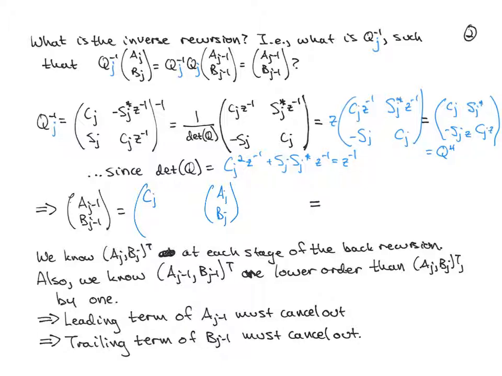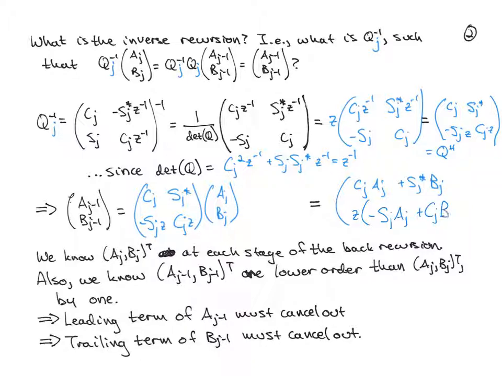C sub j, s sub j complex conjugate, minus s sub j times z, and then c sub j times z, which is equal to c sub j a sub j plus s sub j complex conjugate times b sub j, times z over z, minus s sub j a sub j plus c sub j b sub j.